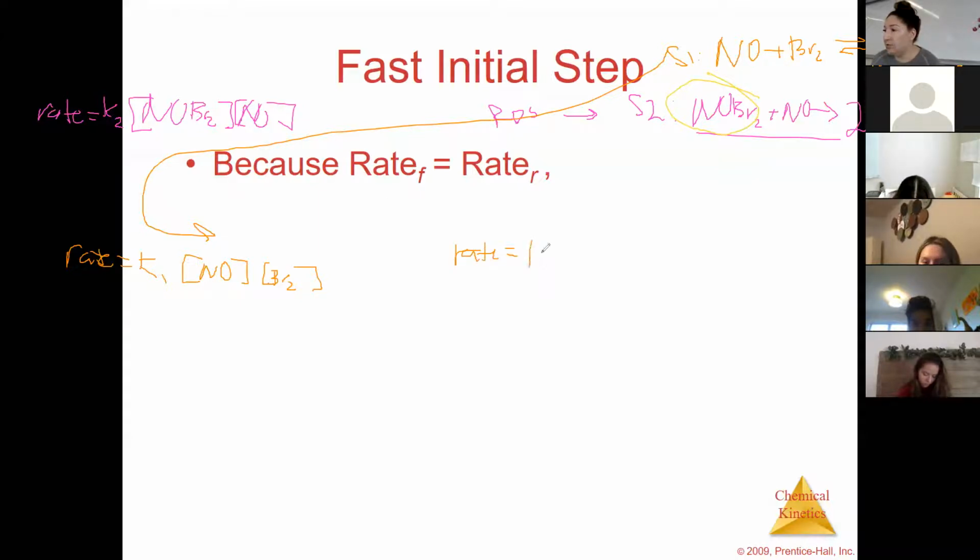And I'm going to say the rate is equal to k, usually written as negative 1, meaning it's step one but it's the reverse, and that would just be based off [NOBr2]. So this is the rate of the forward. This is the rate of the reverse. Well, we know they're at equilibrium, so we can set them equal to each other. I'm going to rewrite this where they're set equal, substituting the rate law for the forward into the rate.